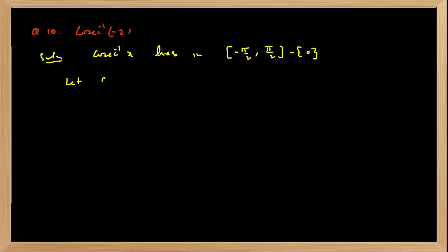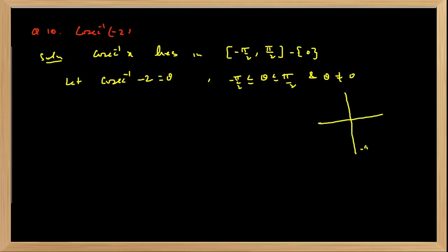You have to remember the basic results; learn the principal value branches well. Let cosec inverse -2 be theta, and theta is between minus pi/2 to pi/2, including endpoints, and theta is not equal to minus pi/2, pi/2, 0 is not included.